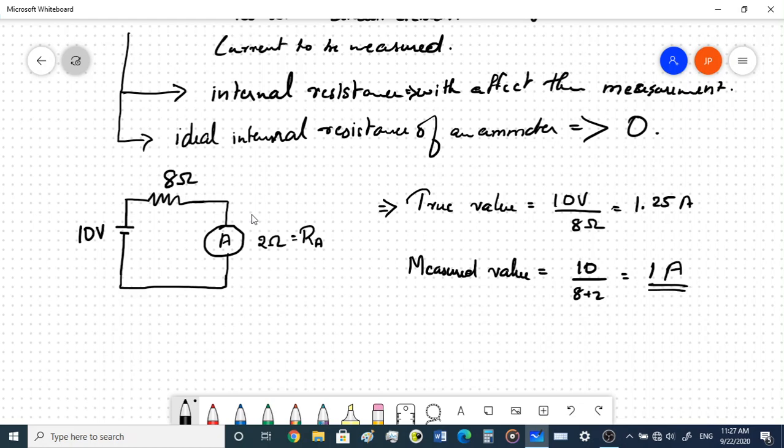So there is definitely a difference between the measured value and the true value.